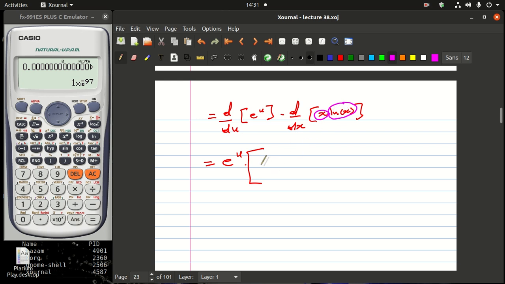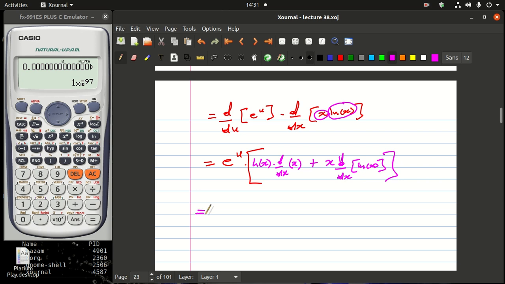The product rule says keep the second as it is and take the derivative of the first, which is x, plus keep the first as it is, and take the derivative with respect to x of the second, which is ln of x.